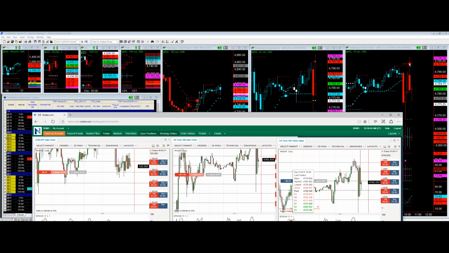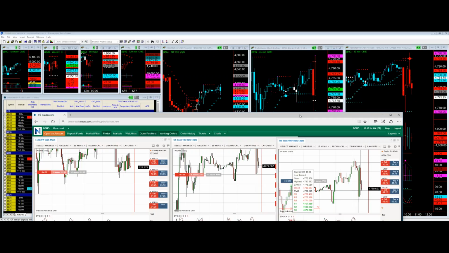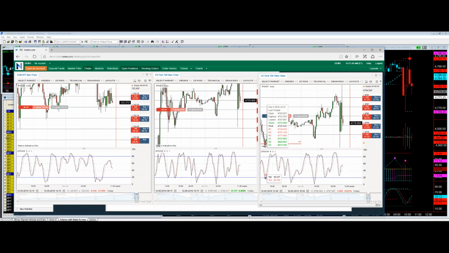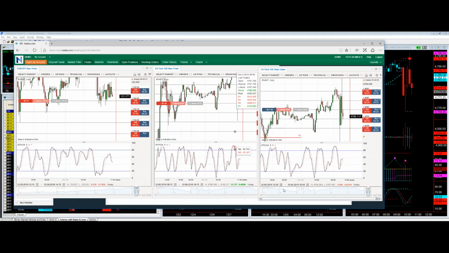It was within one tick on both the 45 and the 12. In other words, they're doing what we thought they should be doing versus the others are just kind of out in the middle of nowhere. There's a lot of obstacles in the way on the others.